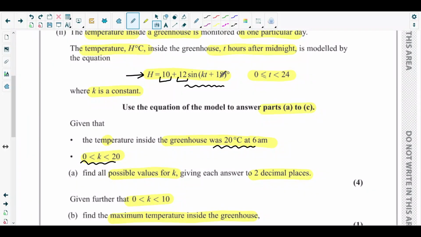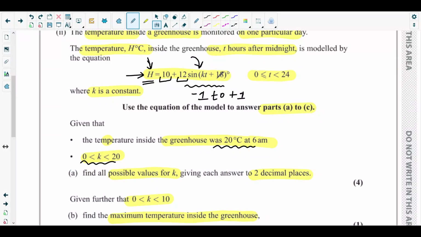The value of sine(kt + 18) varies from -1 to +1. So the maximum or the minimum value of the temperature inside the greenhouse is dependent on the value of sine theta. Since they are asking for the maximum temperature, when sine theta is maximum, the temperature, that is h, will be maximum.